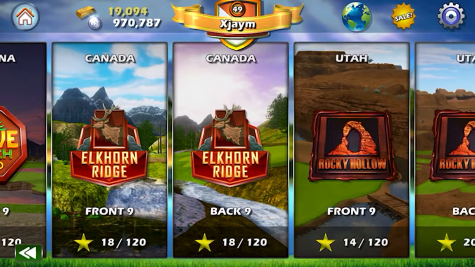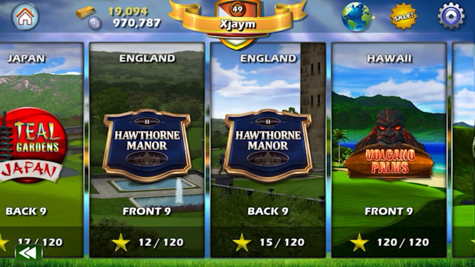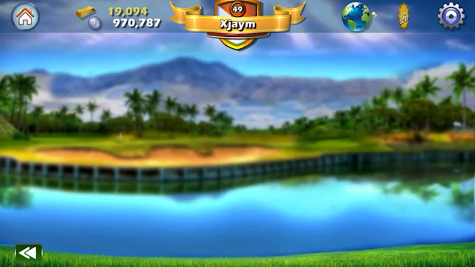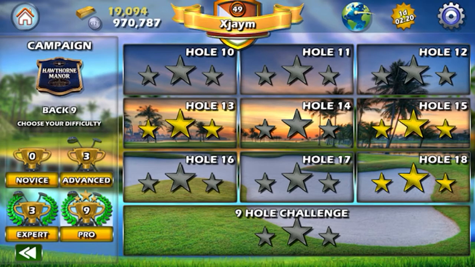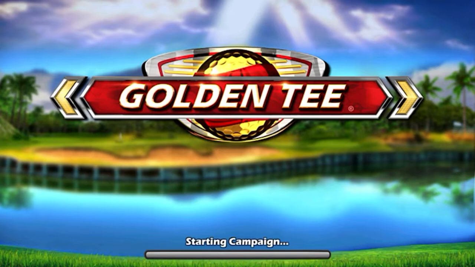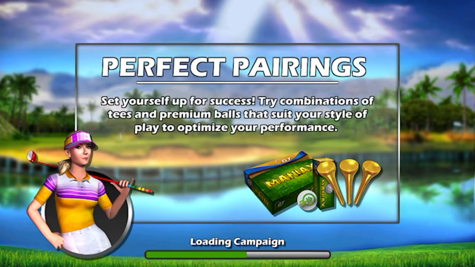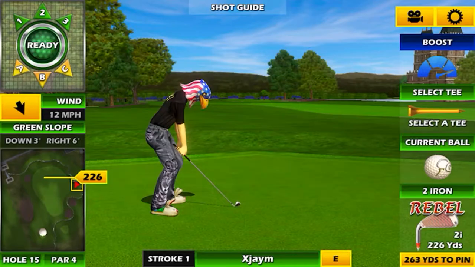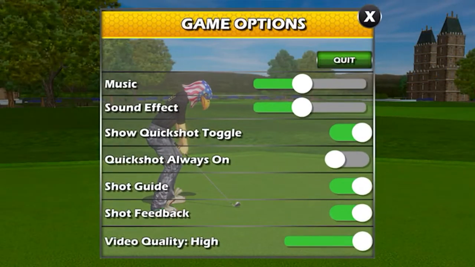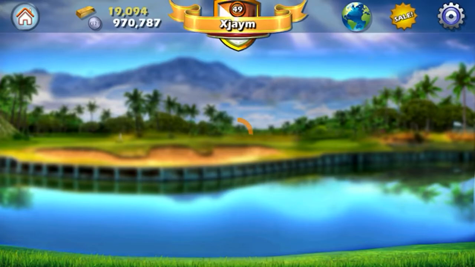It's a lot harder to make a chip. I think it's Hawthorne 13, 15, I don't know. I think it's 15, maybe it's 13. I'm terrible at remembering holes. No, it's not that. I think it's Hawthorne 15.